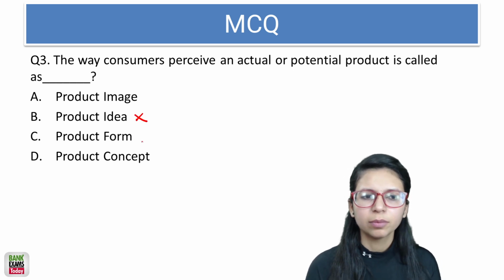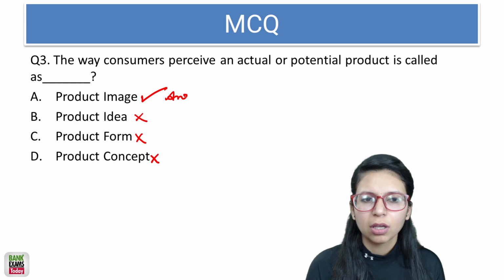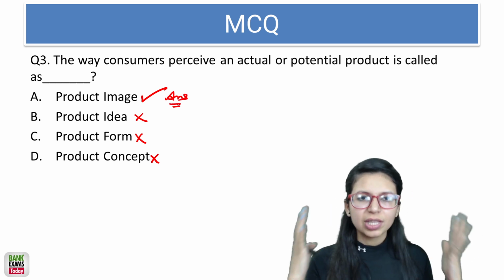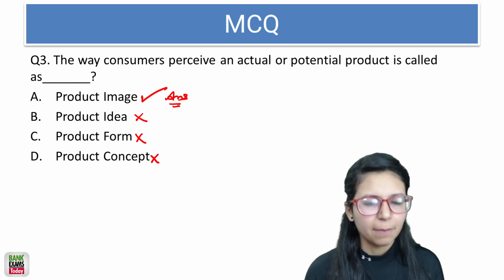It is not product idea, it is not product form, it is not product concept, but the answer is product image. It is the product image that we form in our mind about the particular product that is there in the market.